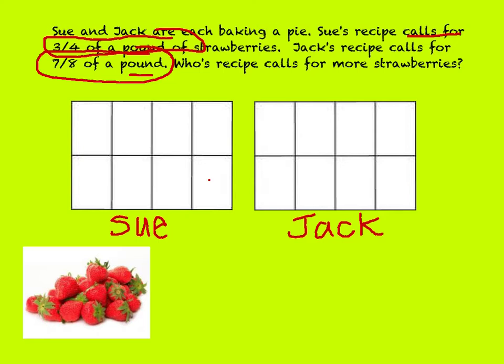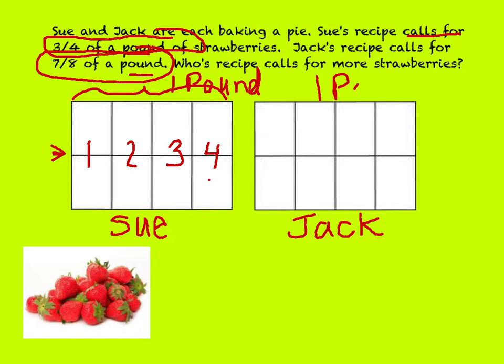I'm going to pretend like this center line is not here, and I'm going to count this whole up and down section as 1. This will be 2, this will be 3, this will be 4. And this whole thing represents what? 1 pound. We can't forget about that. So that whole represents 1 pound. This whole also represents 1 pound.